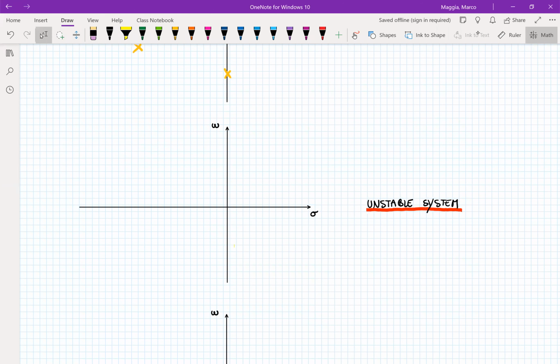Now, this system might look similar to what we just drew, but now the two pairs of imaginary poles are repeated. So here we have a multiplicity equal to 2. So this implies that the system is unstable.